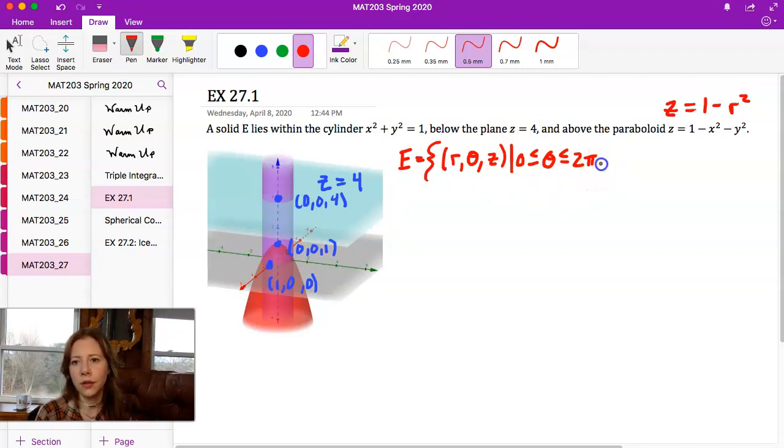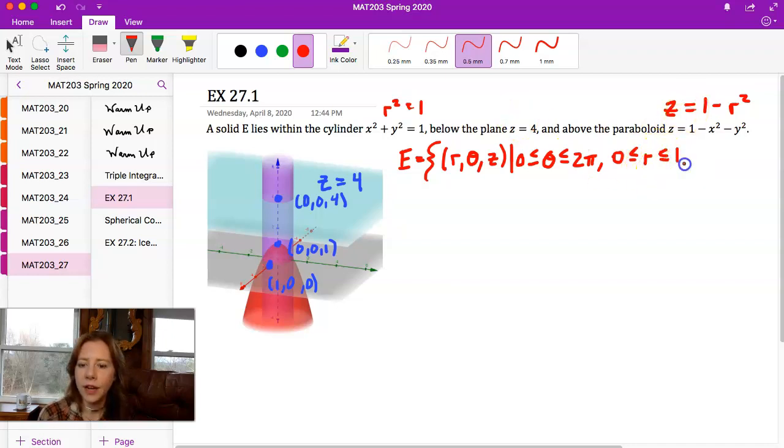And for our radius, we know that r squared is equal to 1, so r is equal to 1. So we're going to go 0 is less than or equal to r is less than or equal to 1.